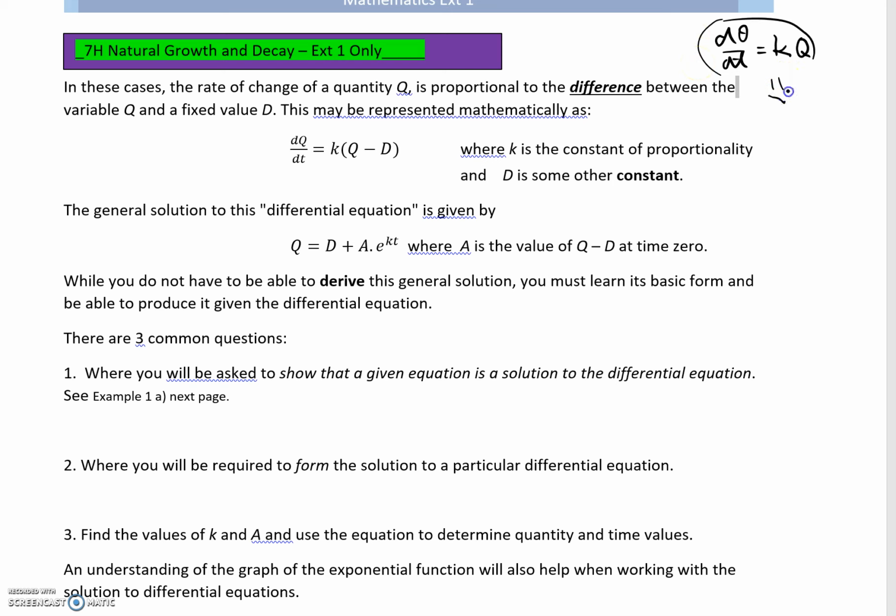And over here we had that solution to that could be that Q is Q naught e to the kt, and we showed that and used that, found the values of Q naught, found the value of k, and answered questions on real life situations.